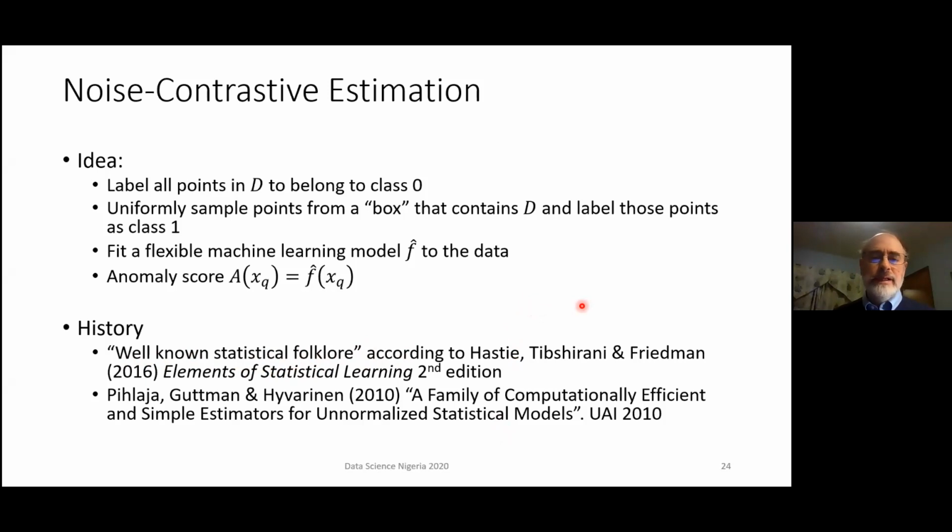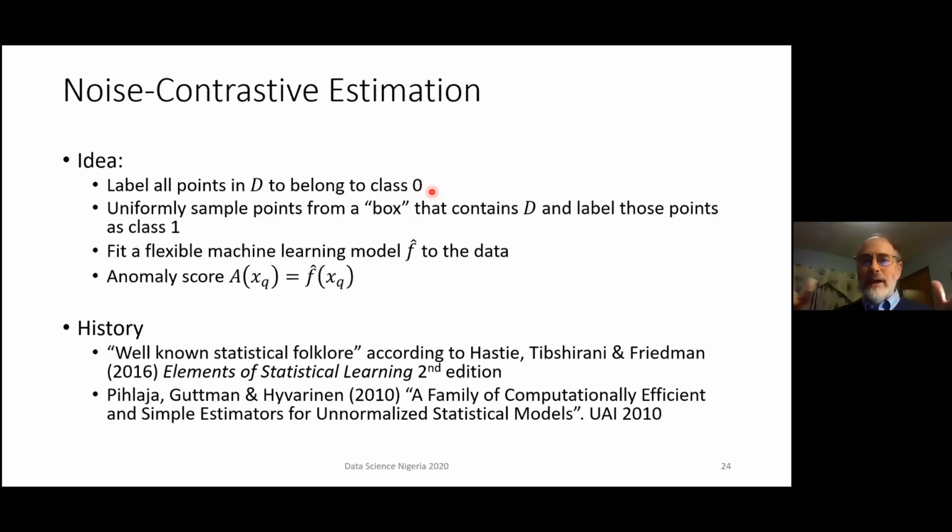The idea is we have our data set D, and the main idea is we're going to convert this problem into a supervised learning problem, for which we have all of our beautiful supervised learning tools. So we're going to label all the points in D as belonging to class 0, and then we're going to synthesize class 1 points by uniformly sampling points from our space.